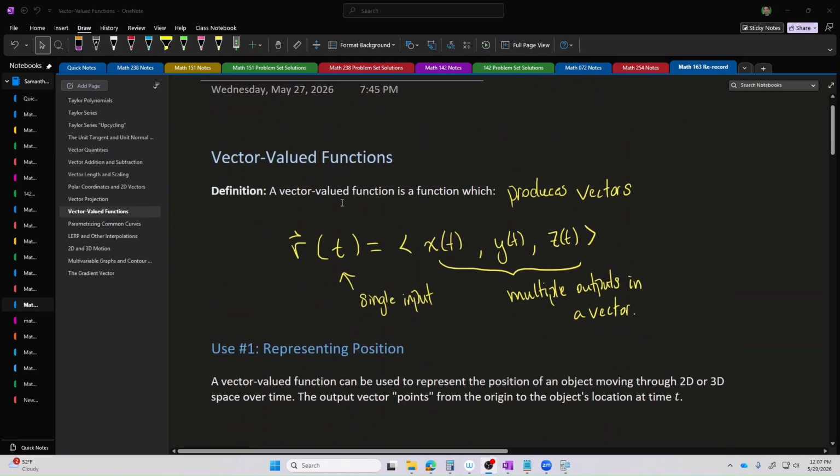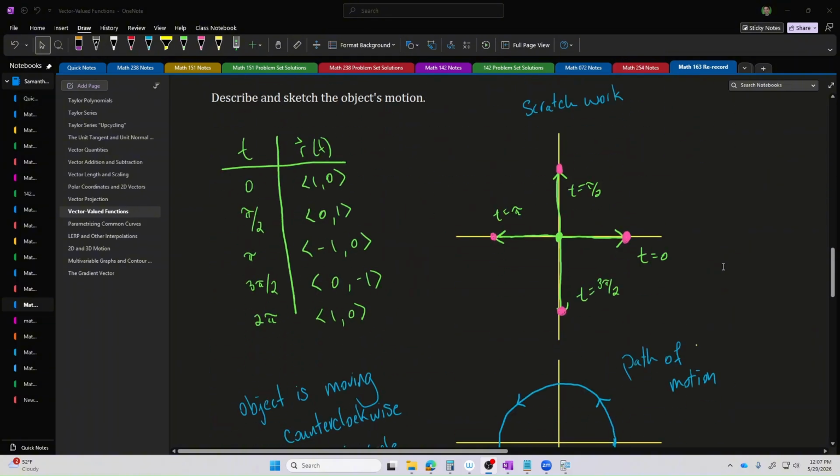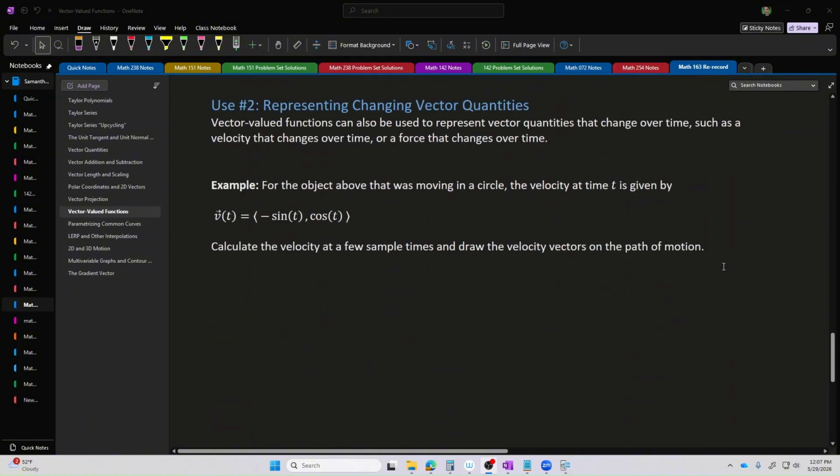The second major use of a vector-valued function is to represent vector quantities that might be changing over time. So for example, here we might be dealing with a moving object whose velocity can change over time.